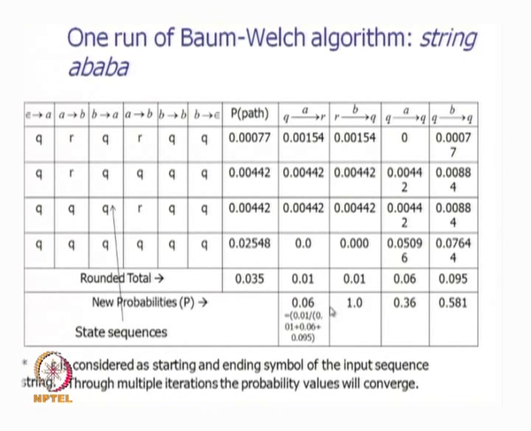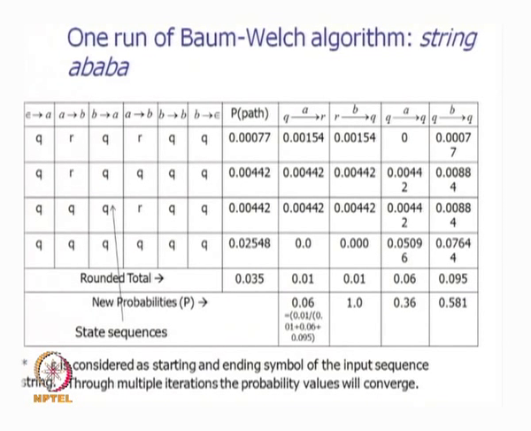And from these new probability values, we will again be able to compute the new path probabilities. From the new path probabilities, we will get the new expected counts and then we will obtain the new normalized values, which will be new probabilities again. So, this is the main idea of the algorithm.